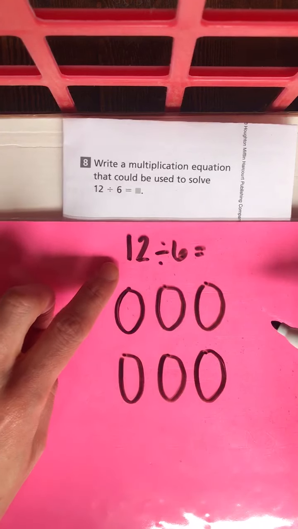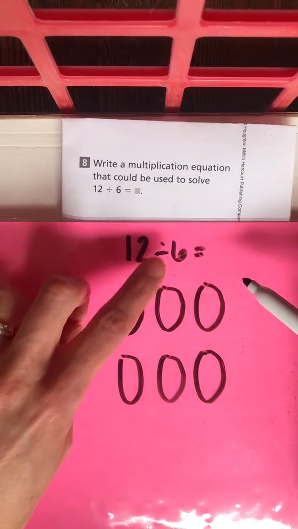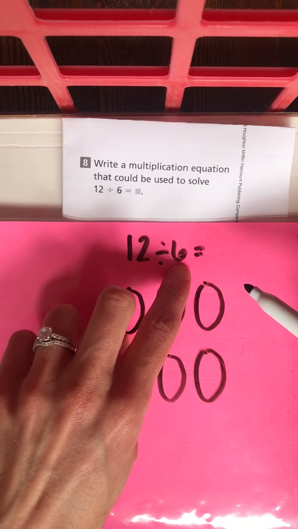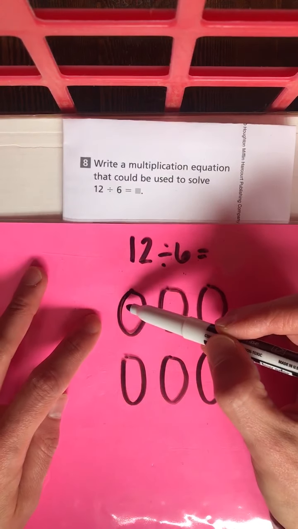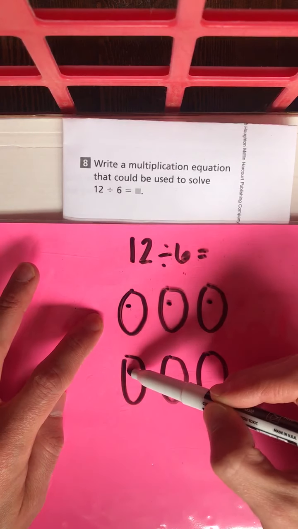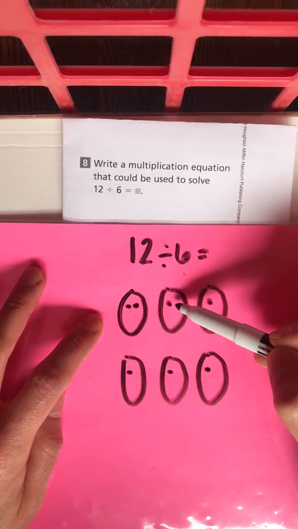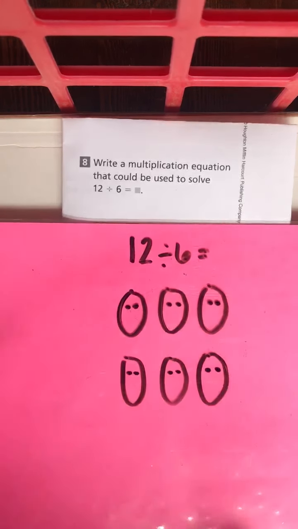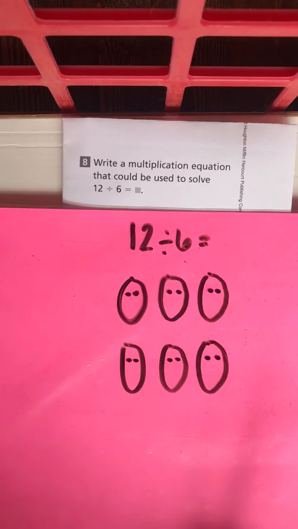And remember, when you're dividing, you're starting with the total, or the whole. So I'm taking my 12 and I'm dividing it into 6 equal groups. That means that each group will have the same number. So let's count. 1, 2, 3, 4, 5, 6, 7, 8, 9, 10, 11, 12. Fantastic job. If you need time to catch up with me, please pause your video and do so.